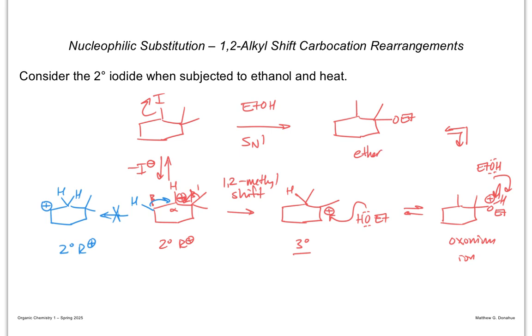So in general, under the SN1 reaction, if you're starting with alcohol as your solvent, you're going to end up with an ether as your product. A carboxylic acid solvent will generate an ester as your product.